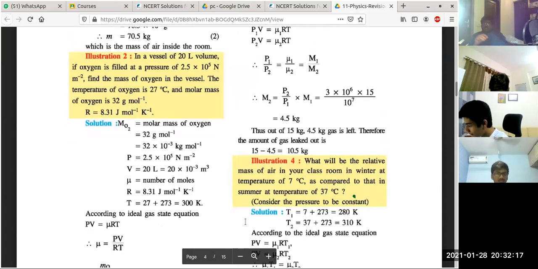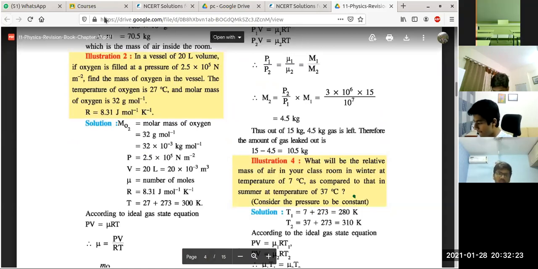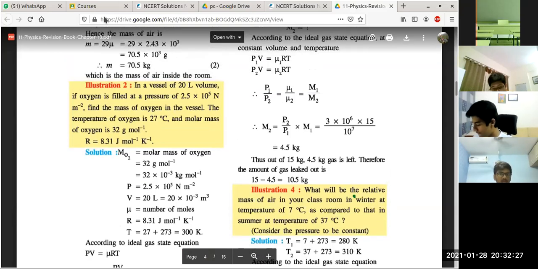Now read this example 2. Wait, sir, can you scroll up for a second?